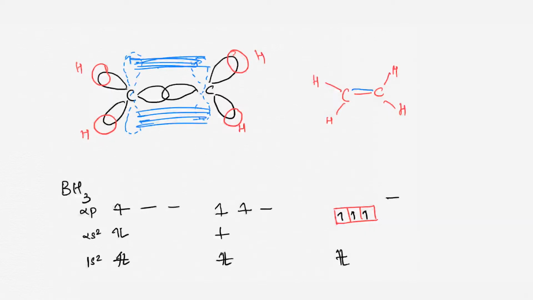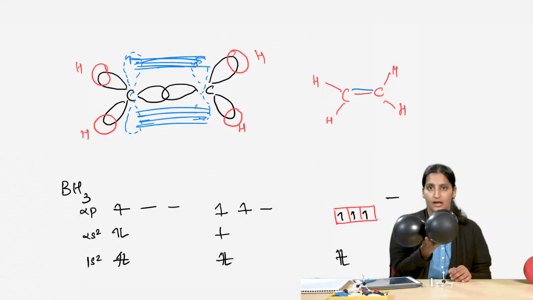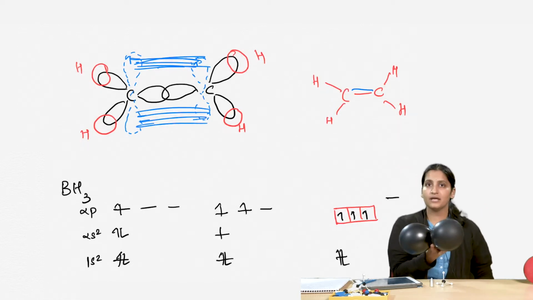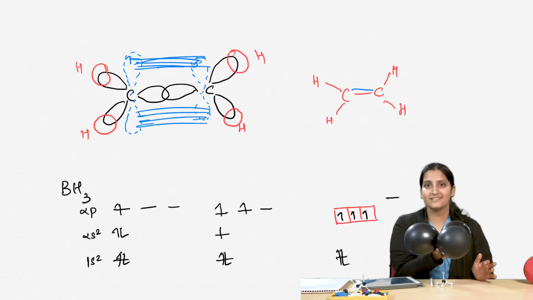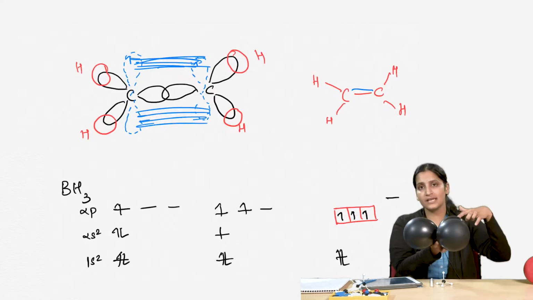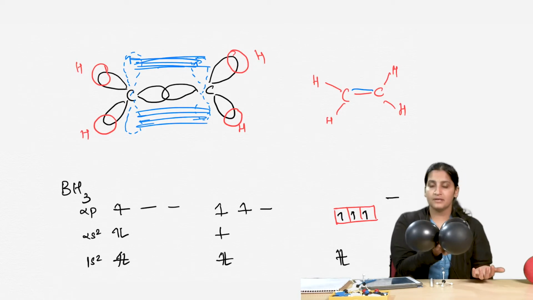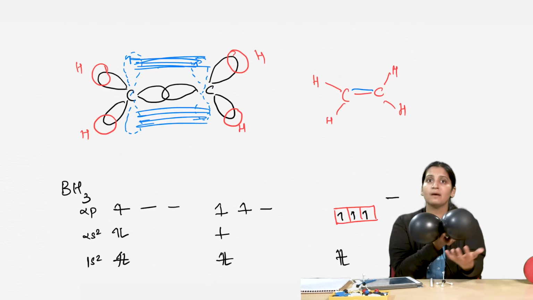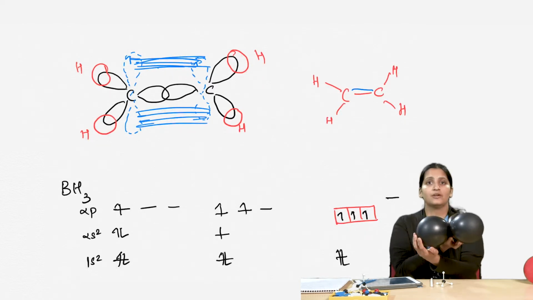So, you can imagine that this is a boron atom and it has these 3 sp2 hybridized orbitals in which there is 1 electron each, which are going to overlap with the 1s of, let us say, the hydrogen.